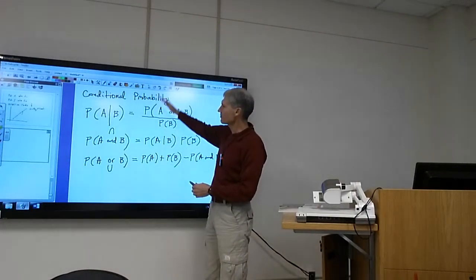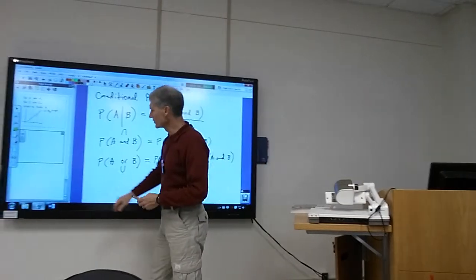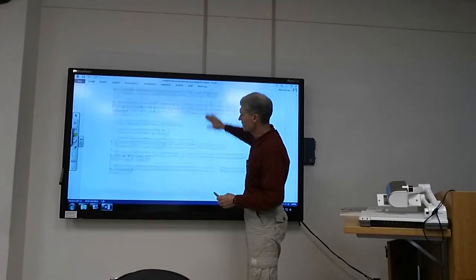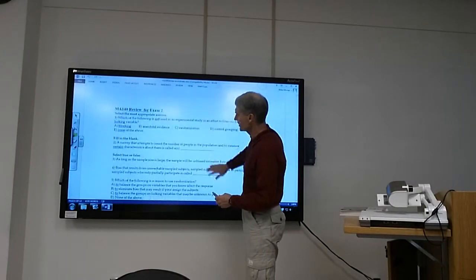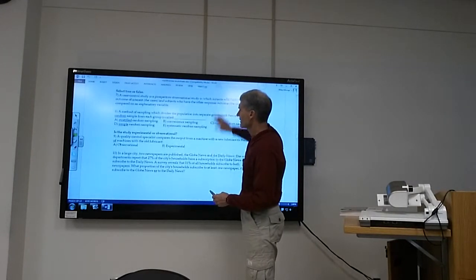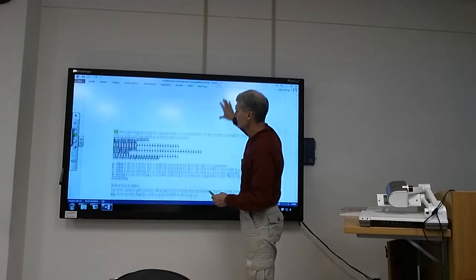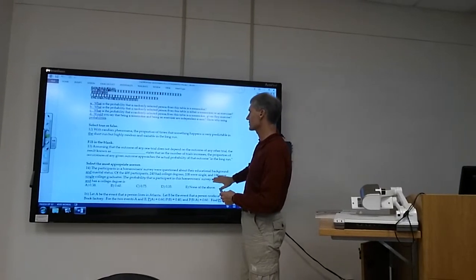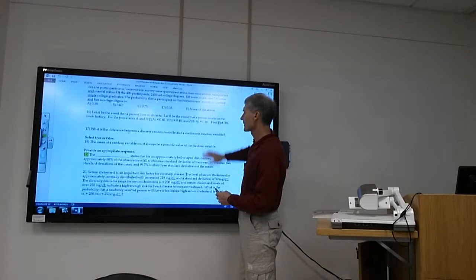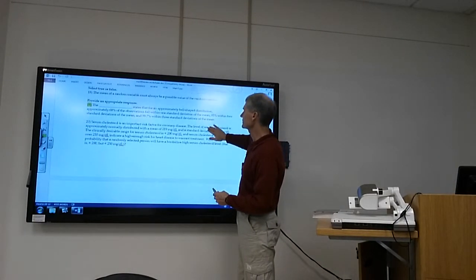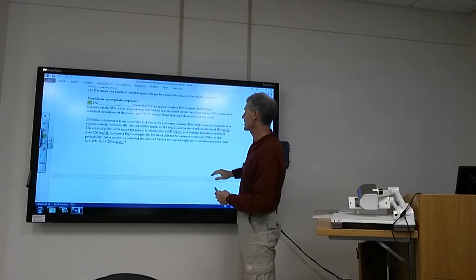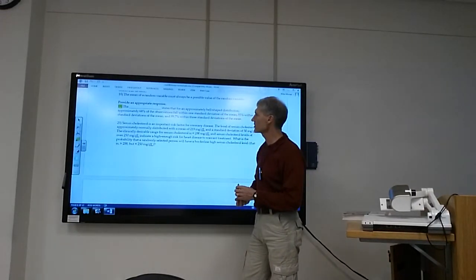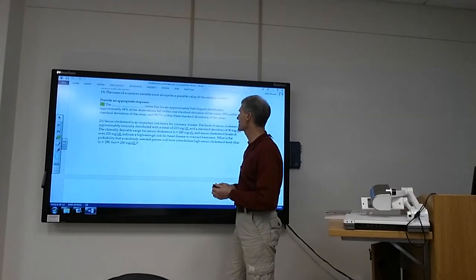Okay. So those are the main three rules that we have for probability that you need to remember. You also need to remember, probably even more importantly, how to compute normal distribution probabilities. Let's find one of those. Here's one. Number 20 says, serum cholesterol is an important risk factor for coronary disease.